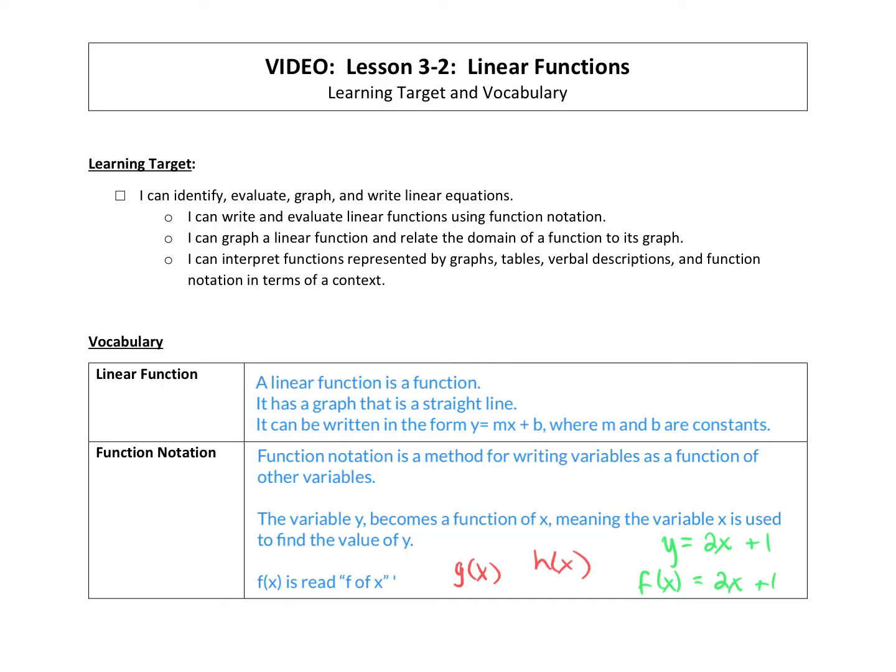So f of x essentially is the same thing as your y, but what they're saying is our function of x is 2 times that x plus 1. So f of x equals 2x plus 1. But let's not get too confused with it. There's no math to do. We don't try to divide by f or x. You'll see in some examples how we use this function notation.